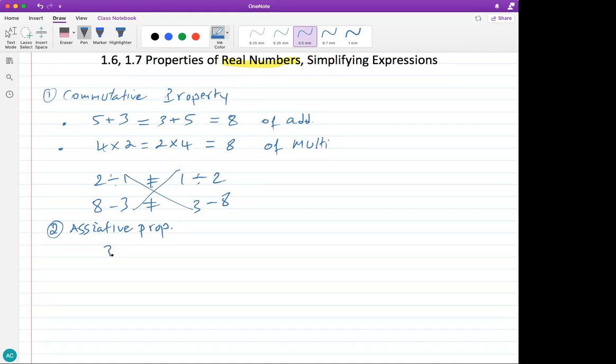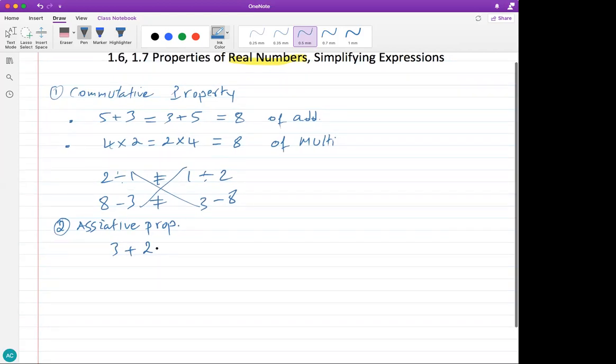Let's say we want to add 3 to 2 to 7. We can do these in different ways, but get the same results. So we can either start from here first, or we can start from these two first.